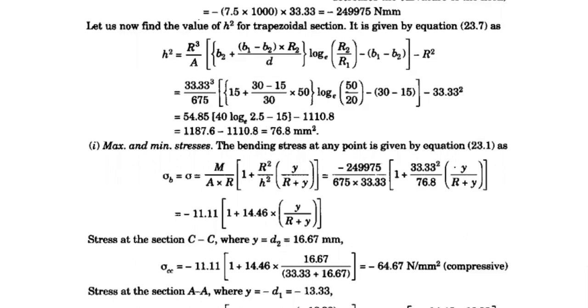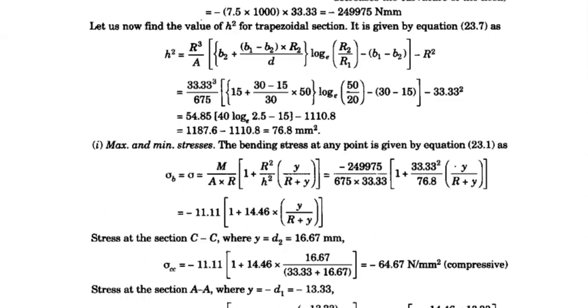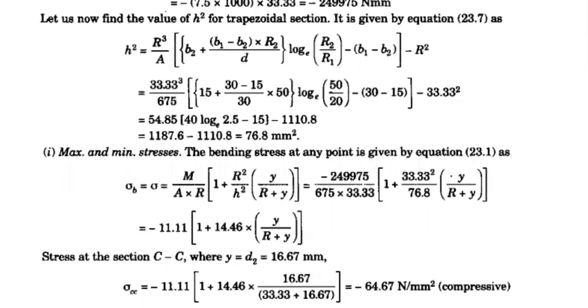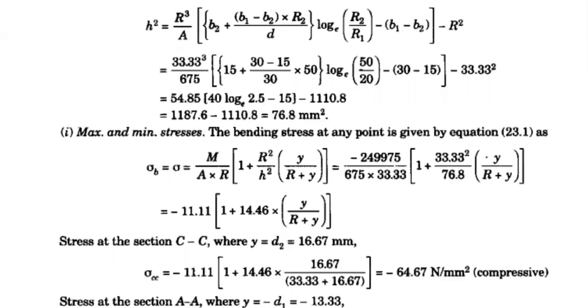Now substitute in the given formula, h square equal to the relation you have. And finally, you will get the value of 76.8 mm square. It is very important to verify your answers once.